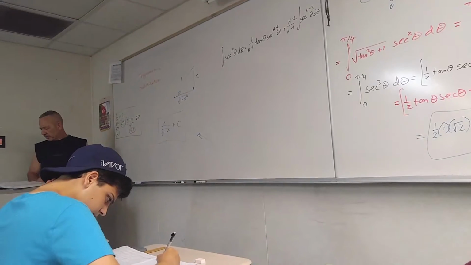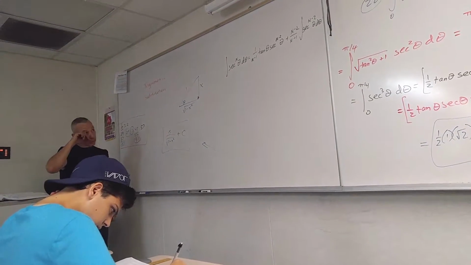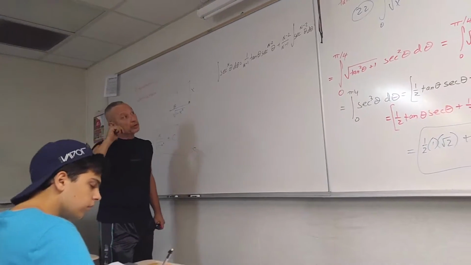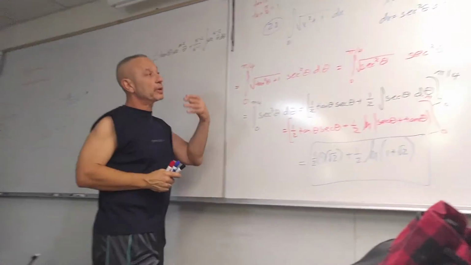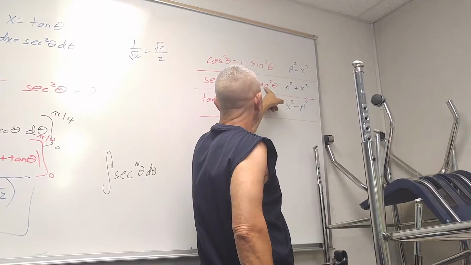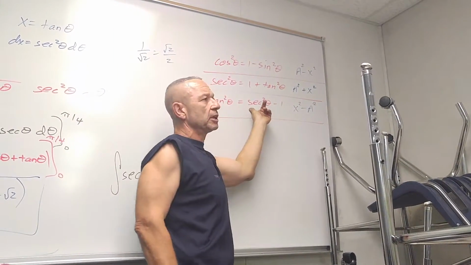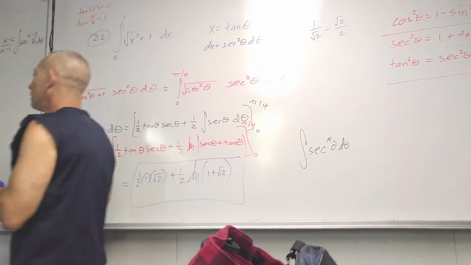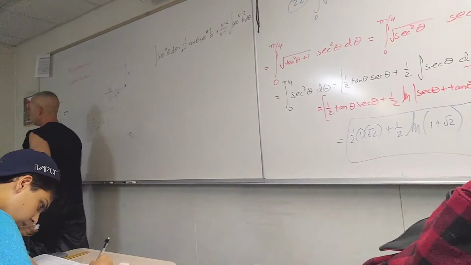So somebody look at the assignment and show me an even number problem. Notice we did one substitution where we let u equal the sine. We've now done one where u is equal to the tangent. Find one for me where I'm going to let u equal the secant. An even number problem.